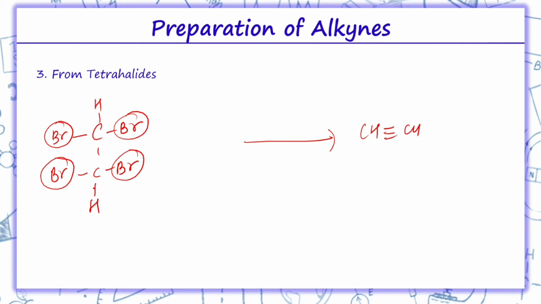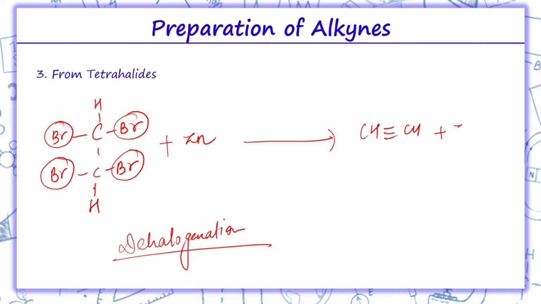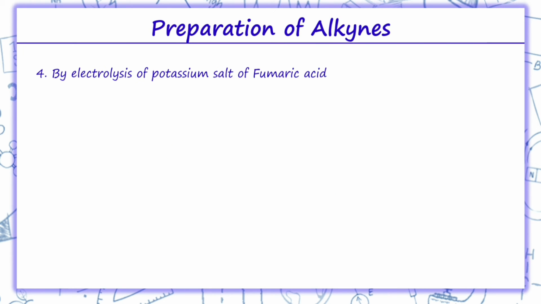We have to remove halogen groups from here, therefore this reaction is known as dehalogenation. In dehalogenation of tetrahalides, we take zinc, and thus zinc bromide is formed as a byproduct. So this is how alkynes are prepared from tetrahalides.